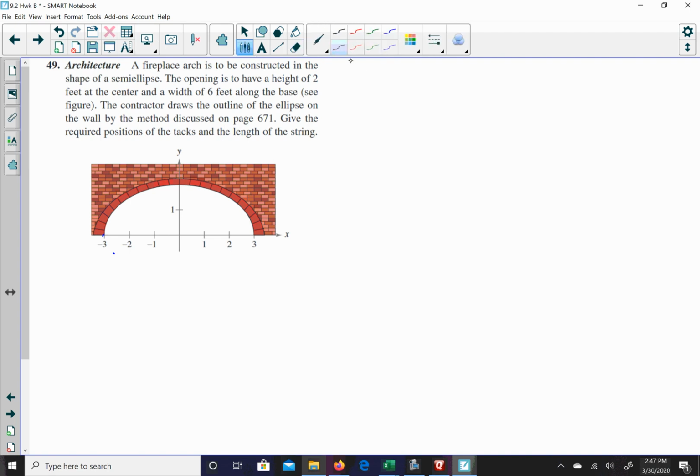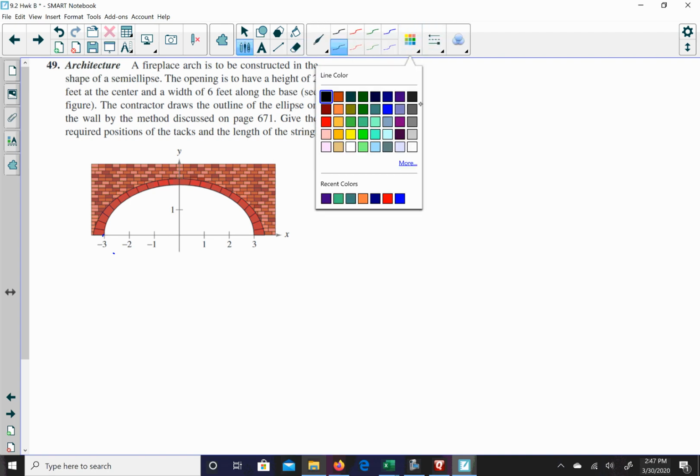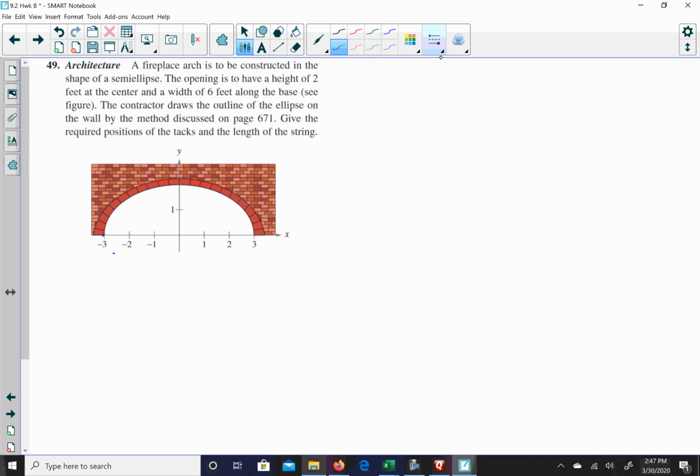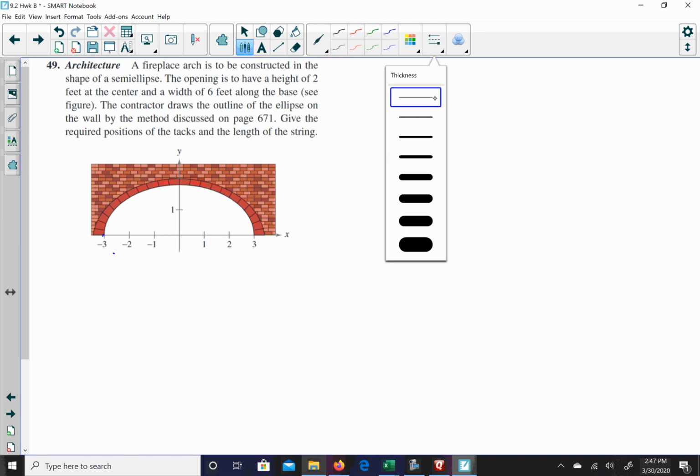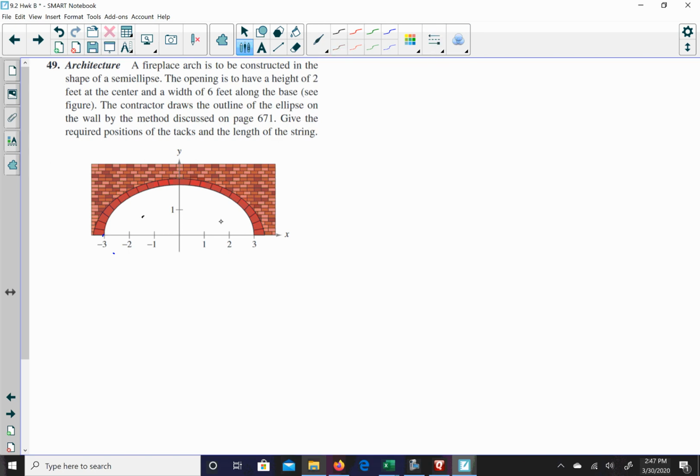So what method is discussed on page 671 is where you take the string and you have it from a foci and a foci, and those two together add up to the furthest part. So in order to do this, oh, actually my foci has to be down here somewhere.